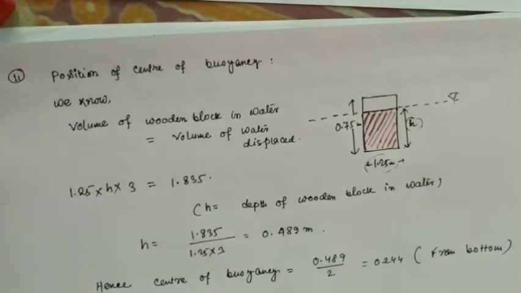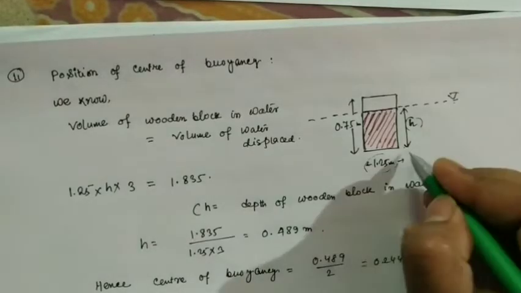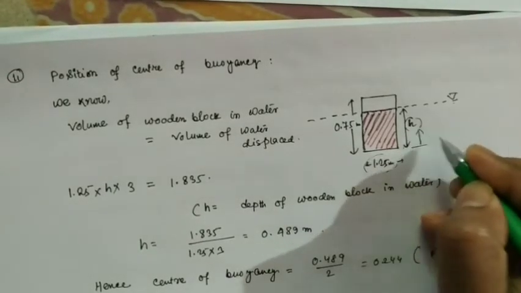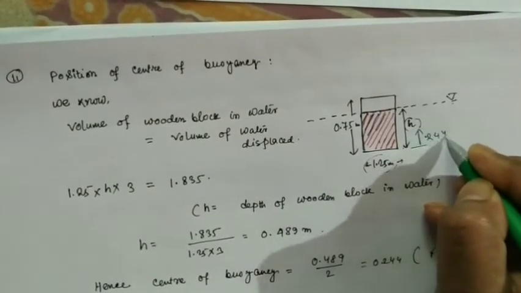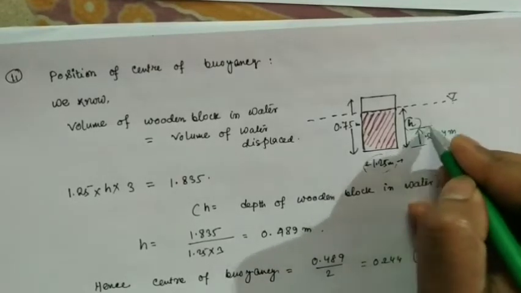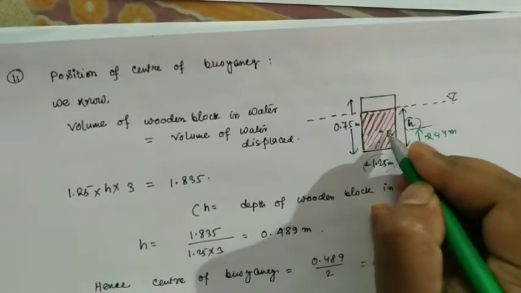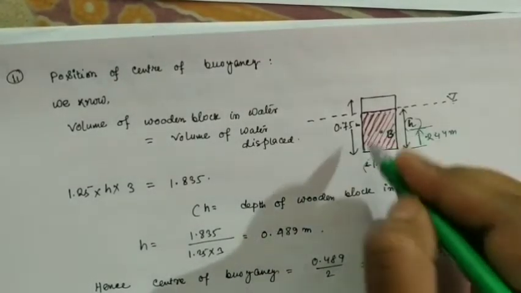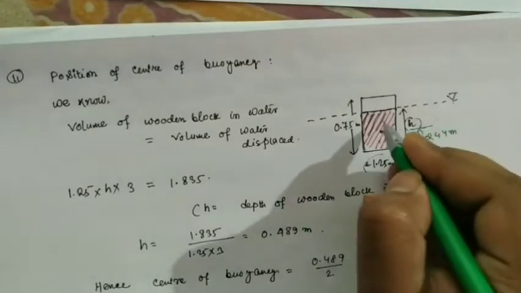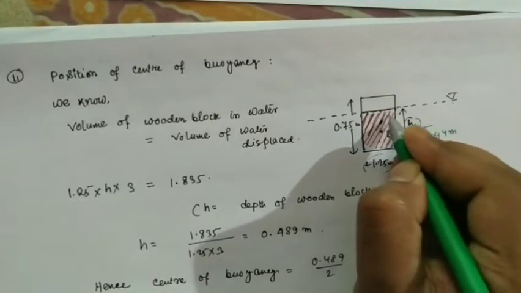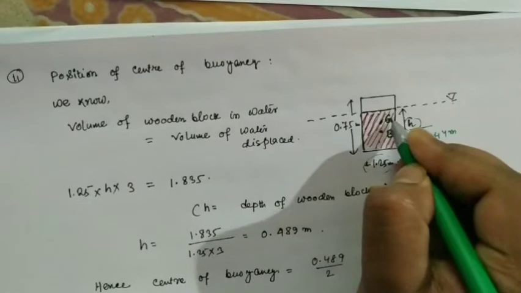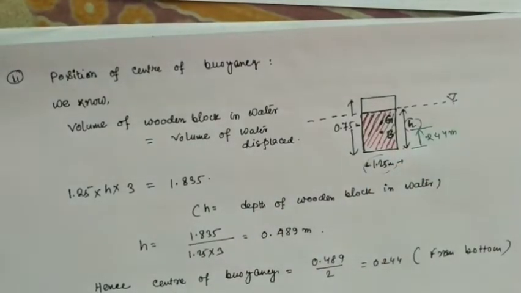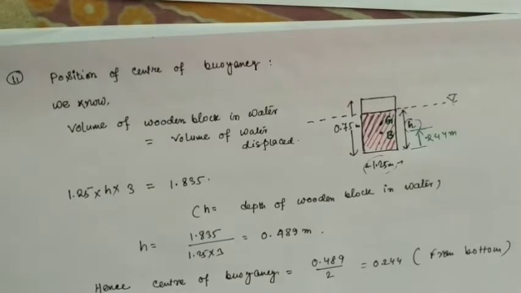So from the bottom, at 0.244 meter distance, we will find the center of buoyancy. As it is in floating condition, the center of gravity will be above the center of buoyancy. As I discussed, stability conditions, when a body will float, when it will be in stable condition, when unstable, I have discussed all in my last lecture.